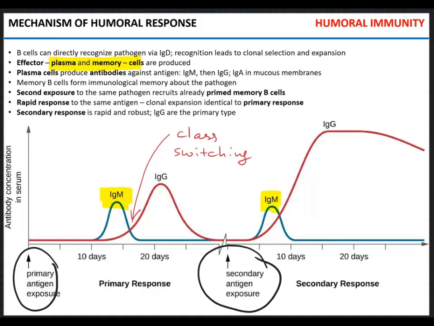Much more robust and lasts much longer. It will go down. That's normal. Remember, you always have plasma cells. This is why this IgG response, the secondary response, is so much faster and so much more robust.